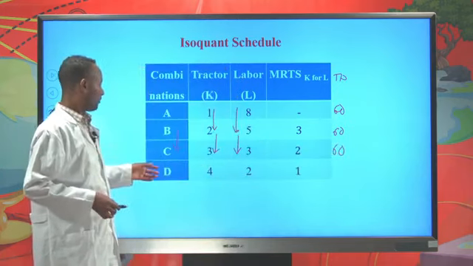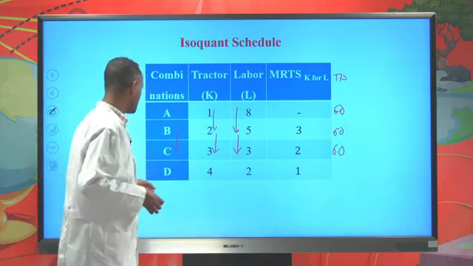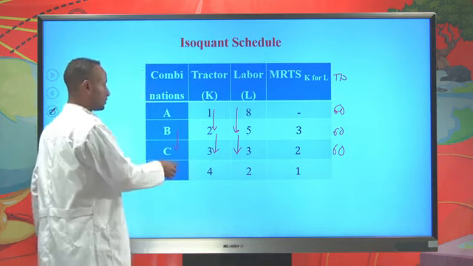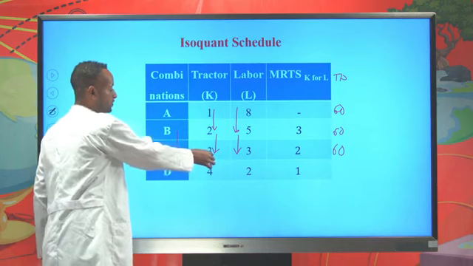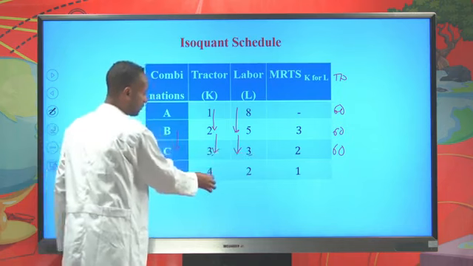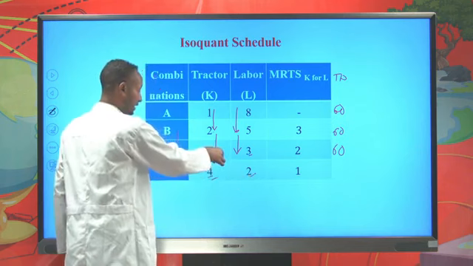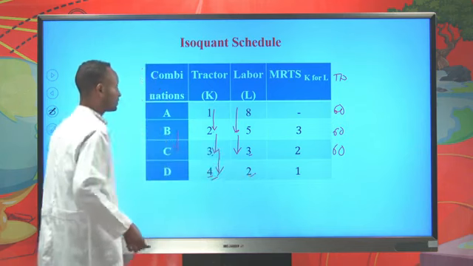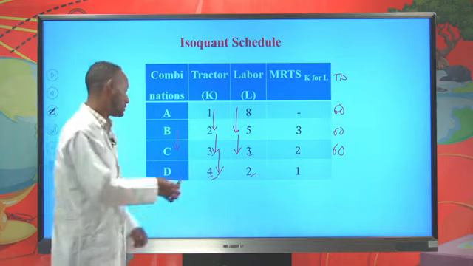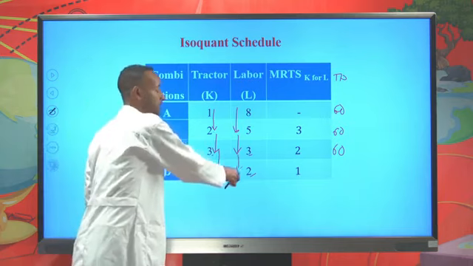Then finally, when we move from combination C to D, the output that the farmer gets from the combination of 3 tractor and 3 labor is equal to that of 4 tractor and 2 labor. As we increase employment of the variable input tractor, we are reducing employment of the variable input labor.